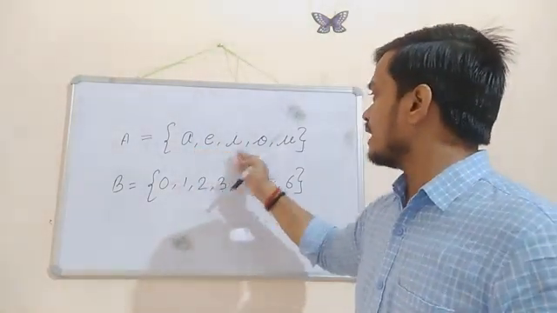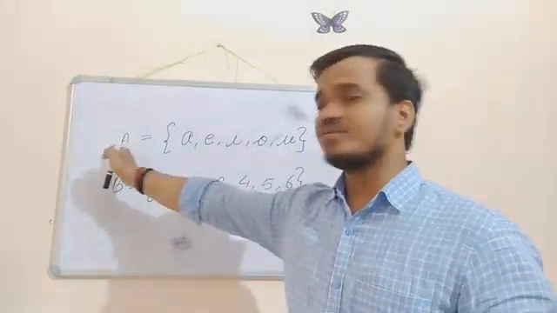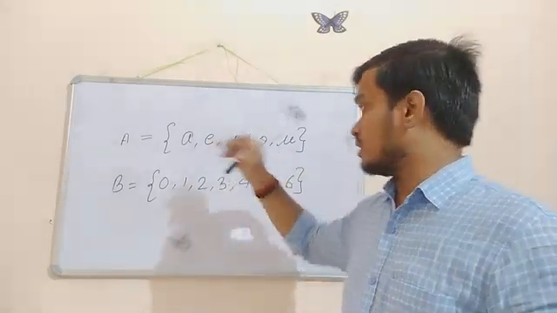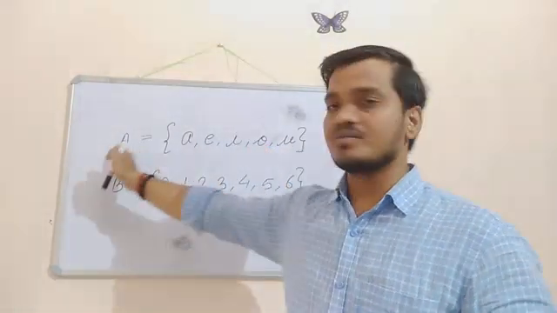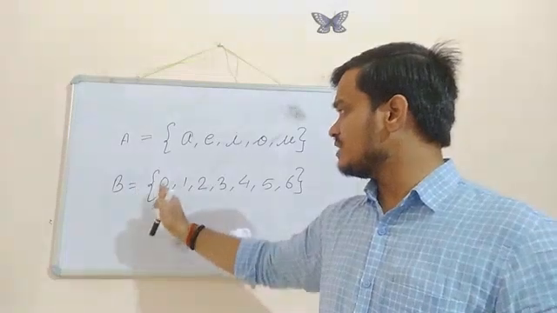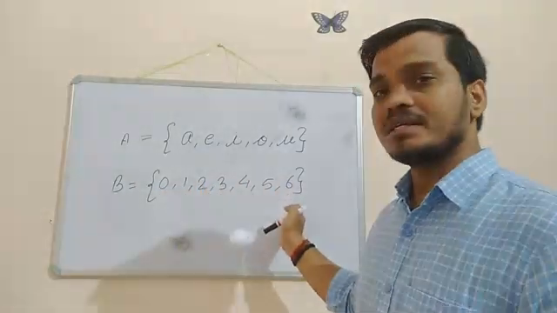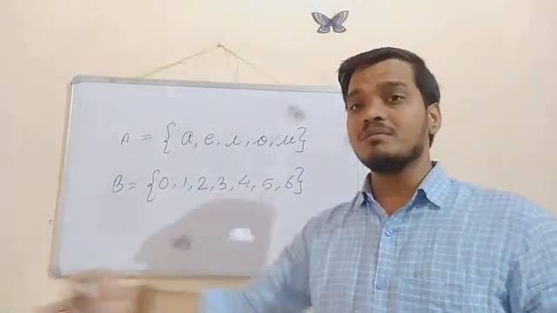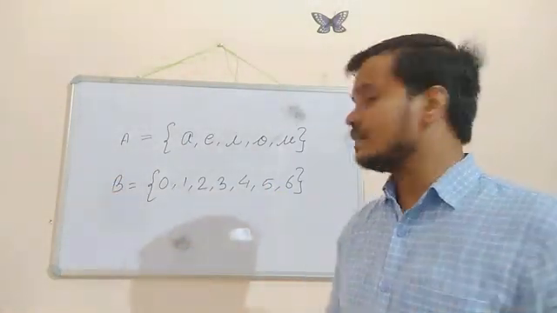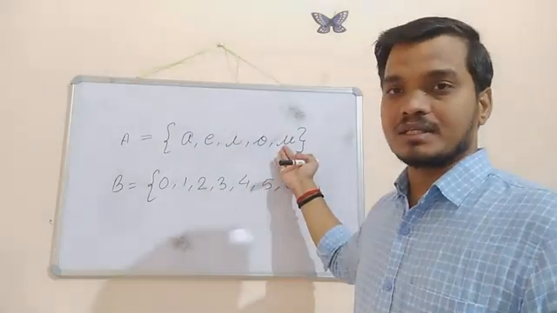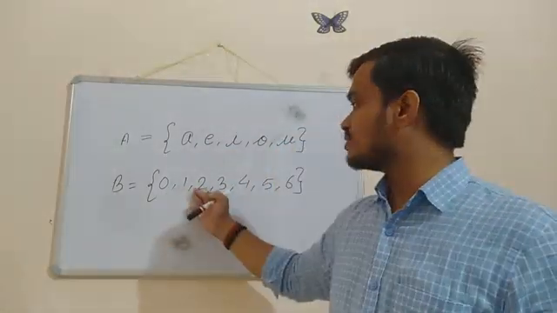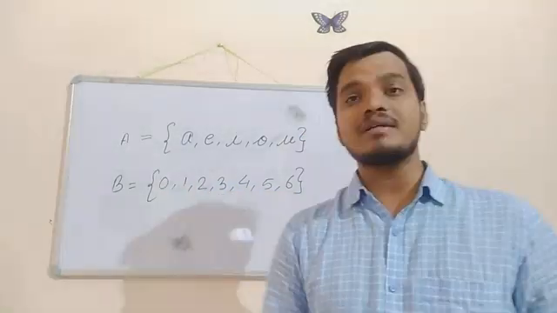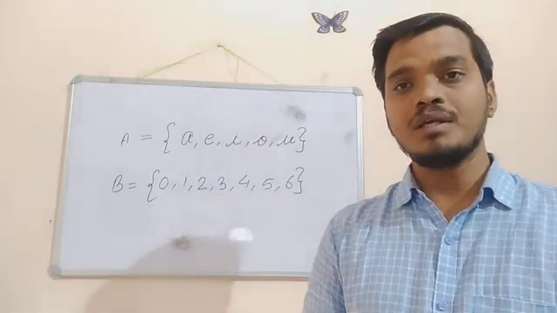So A, E, I, O, U is a member of set A. The same way 0, 1, 2, 3, 4, 5 and 6 is the member of the set B. So how many elements are there? Here you can see that 5 elements are there. Here you can say 1, 2, 3, 4, 5, 6, 7 elements are there. Okay.